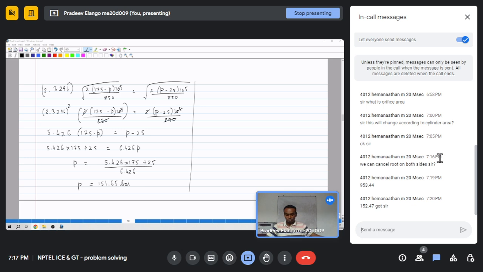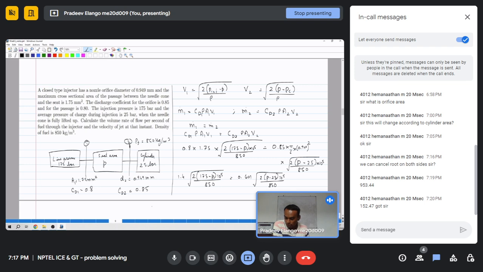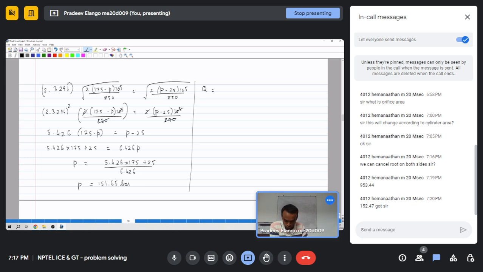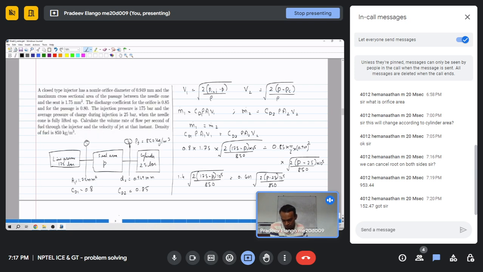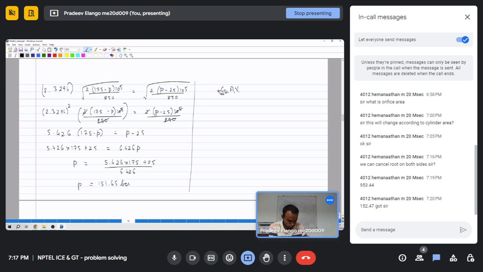Yeah, okay. So 151.65. Now we need to calculate the volume flow rate. Volume flow rate Q is equal to CD into A into V. But I think we need to calculate the velocity at the second step, so better we write Q2 equal to CD2 A2 V2.